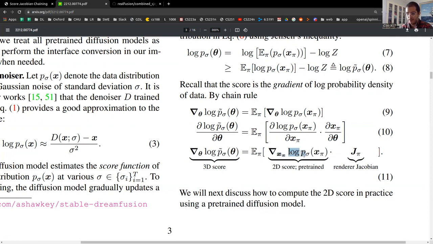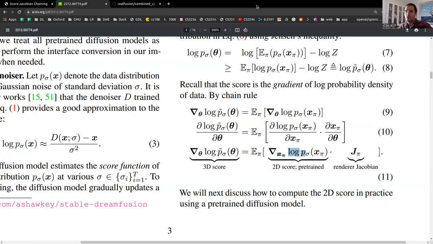The diffusion model is a function from X, which is some X of pi, where pi is some camera parameter. The diffusion model is a function from X to some approximation of grad log pi of X. So we predict the noise. We actually predict grad log pi of X. So this is something that's really similar to RealFusion, actually. And from a PyTorch point of view, we really have to understand autograd and such.